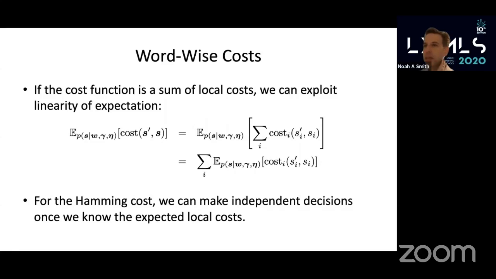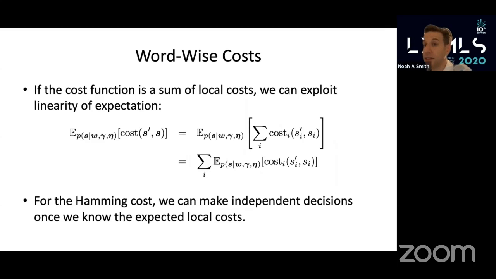So we can generalize even more and imagine that we have a generic cost function that decomposes into a sum of local costs. Maybe we have a different cost function associated with every word in the sequence. We can call it cost I at position I, and we have a little matrix telling us for every possible true label at position I, what's the cost we would pay for every guess. And this matrix might be different at every position in the sequence.